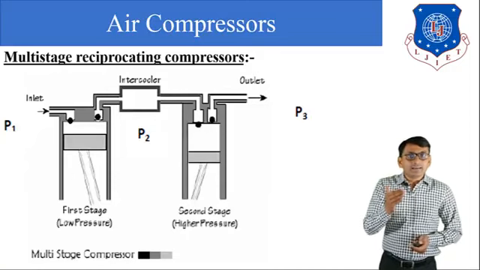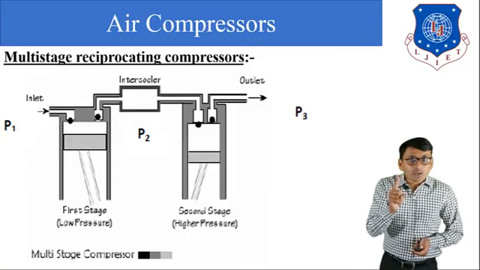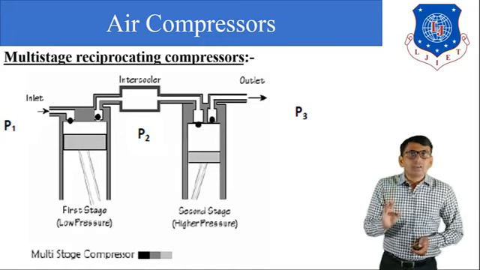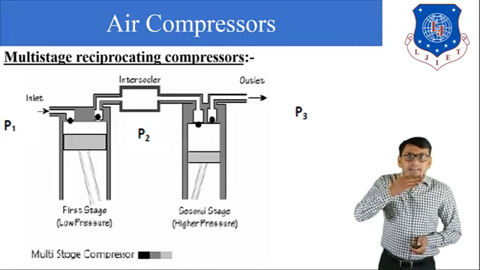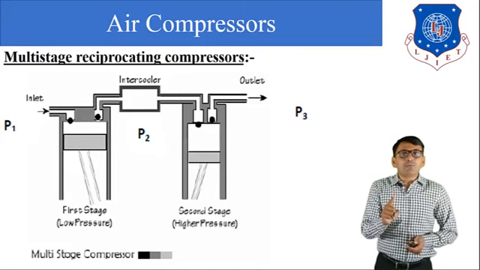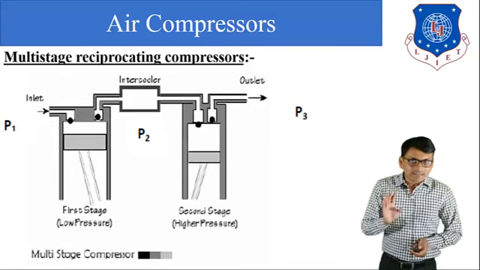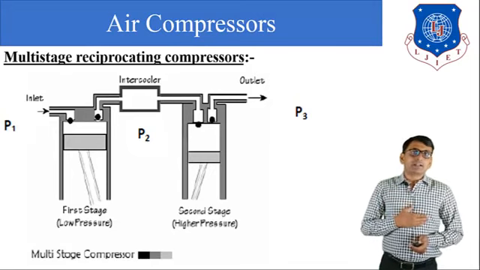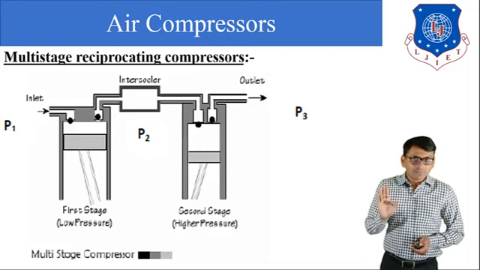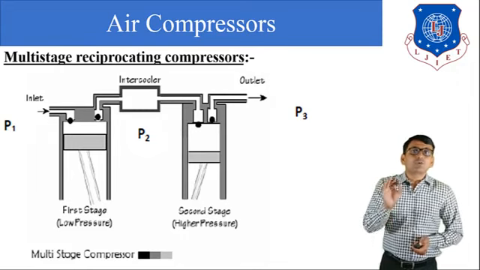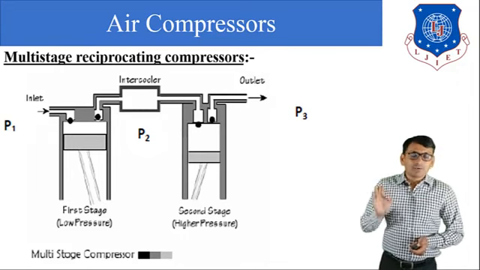Then this air of pressure P2 is transferred into the intercooler. The intercooler rejects heat energy, so the temperature of the air decreases, so volume also decreases, but pressure remains the same.